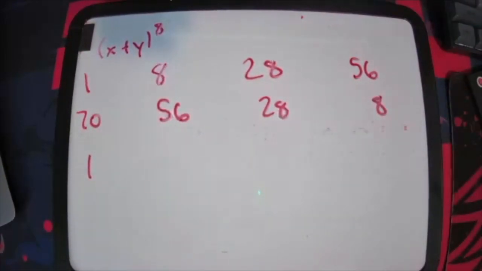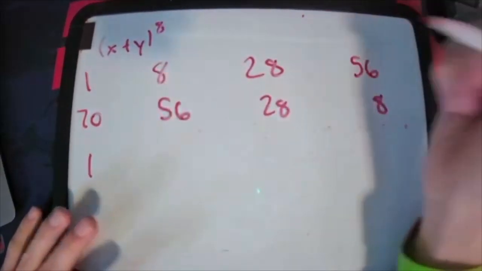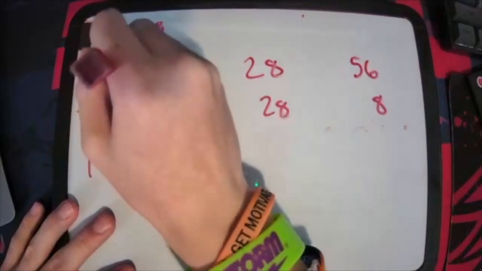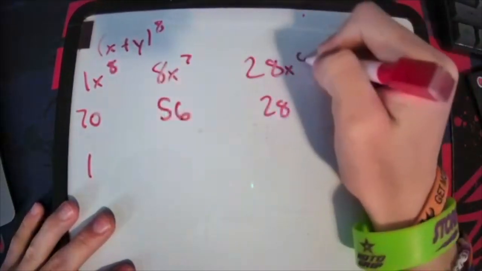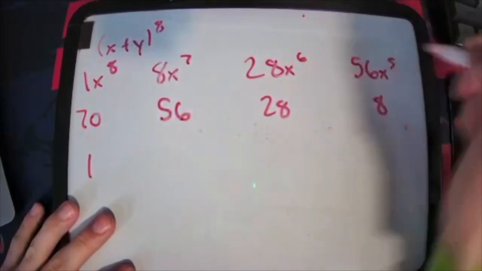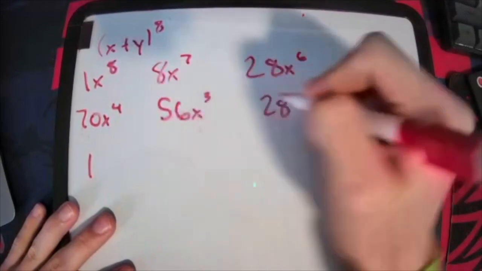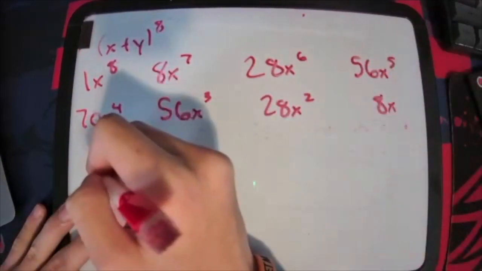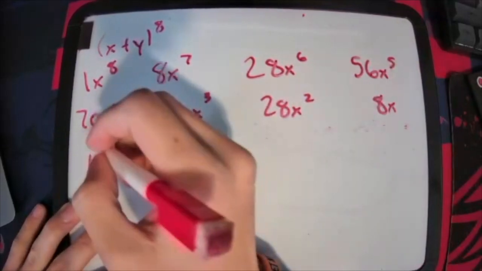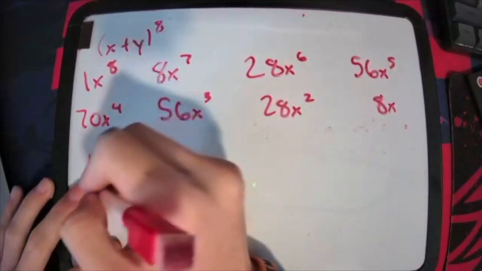Alright, using binomial expansion theory, we go left to right, descending the x value. So we start at x to the 8th, x to the 7th, x to the 6th, x to the 5th, x to the 4th, x to the 3rd, x squared, x, and x to the 0, which is nothing, 1. But we don't multiply that on.